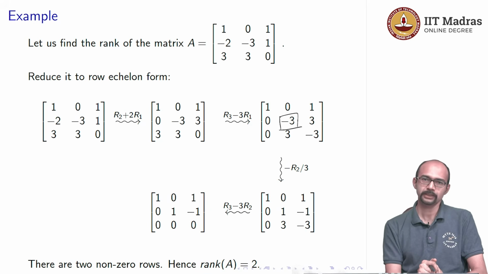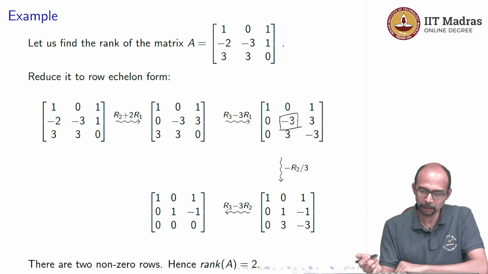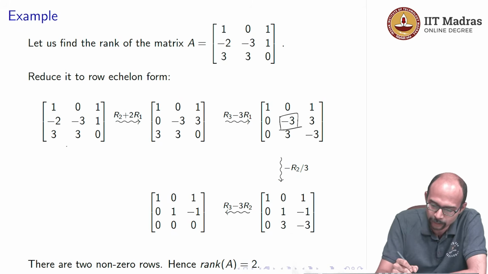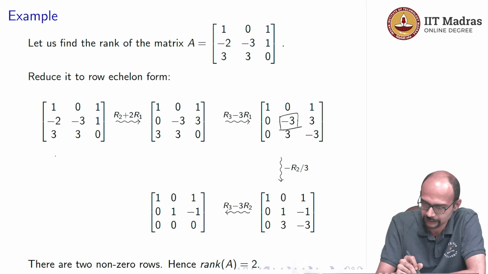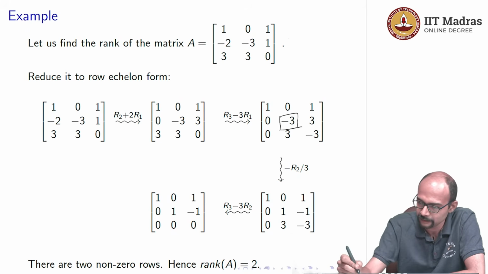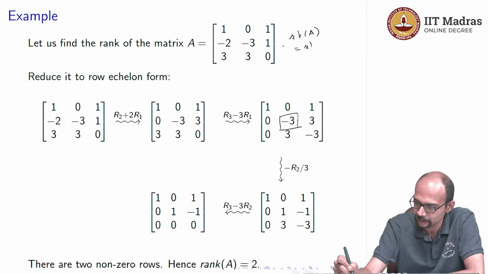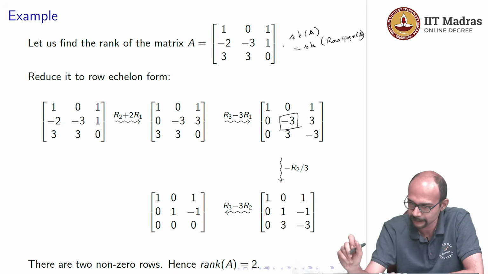So, the point here is what did we use in order to prove this? Remember that our definition was that the rank of the matrix A is the rank of the row space of A or column space of A, right.